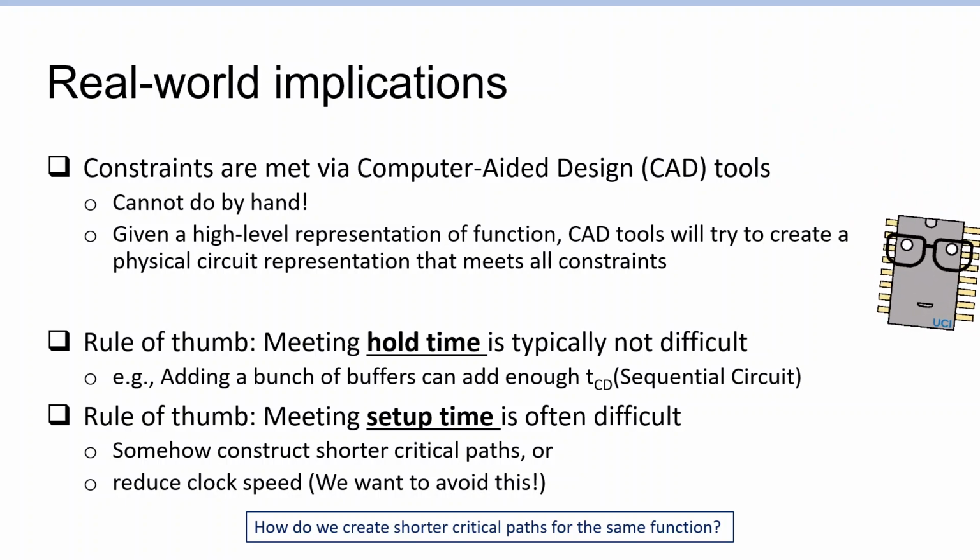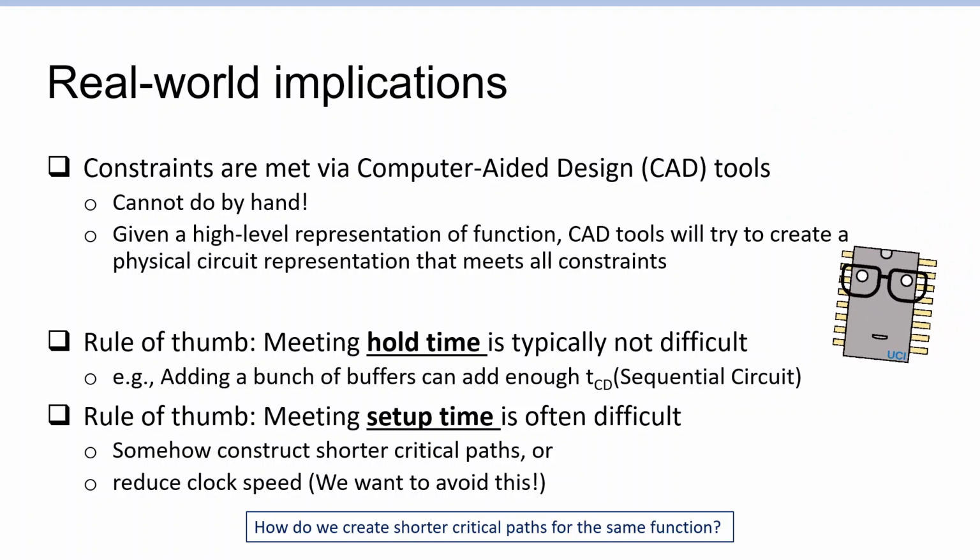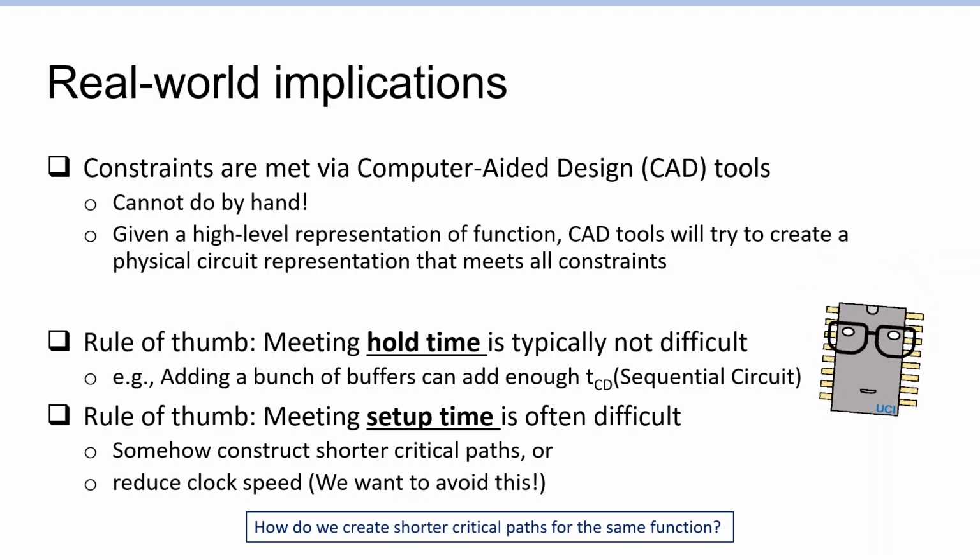Given a high-level representation of a function, CAD tools will try to create a physical circuit representation that meets both constraints for all possible combinations of combinational paths between every single state element. And this may be a little bit controversial, but a rule of thumb based on my anecdotal experience is that meeting hold time is typically not difficult.